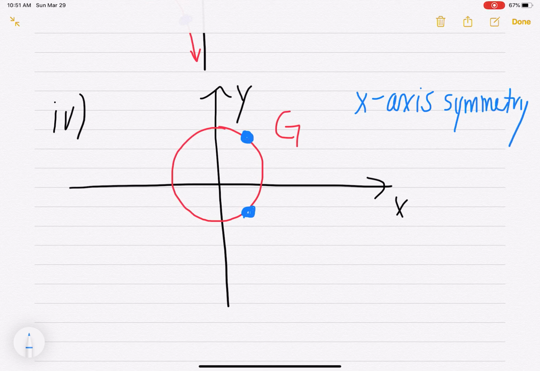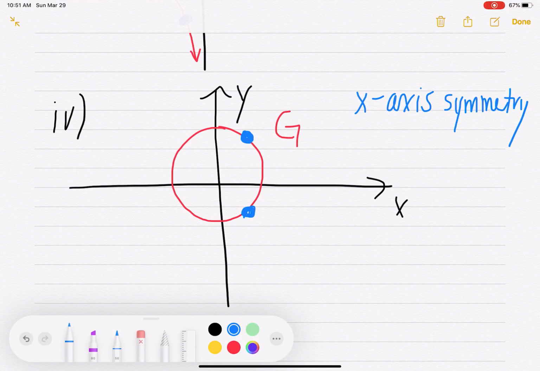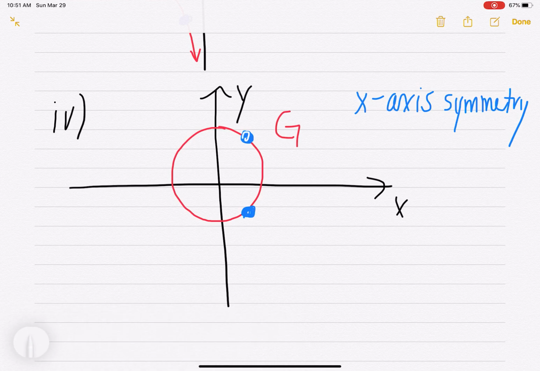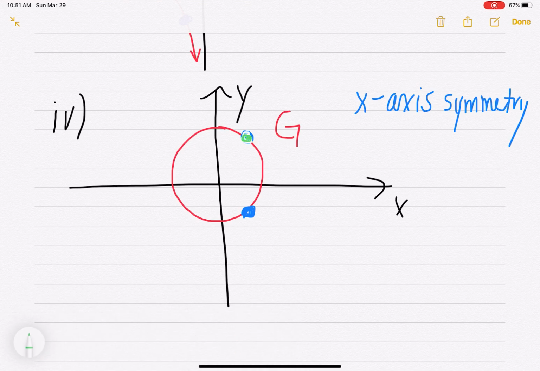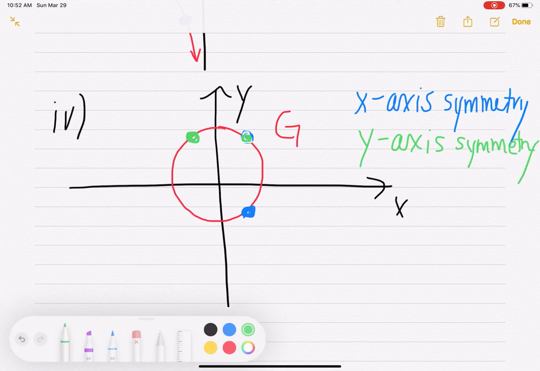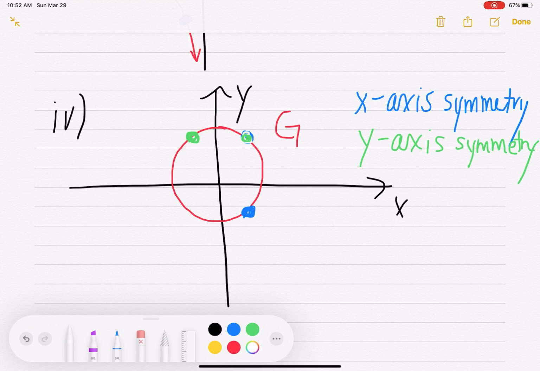Also, you might notice that that blue point that I had, if I turn that green, there's a mirror image about the y-axis as well, right? If xy is there, negative x, y is there, so we have y-axis symmetry. And finally, you might notice that there's a catacorner thing going on as well, right?